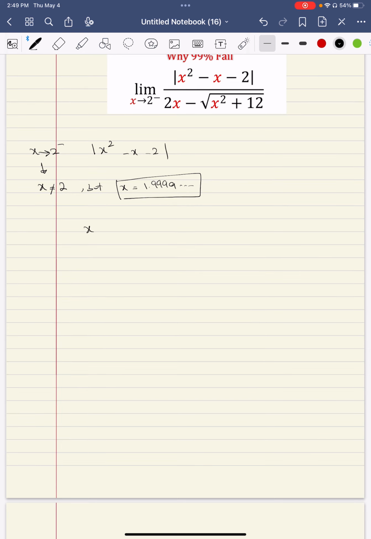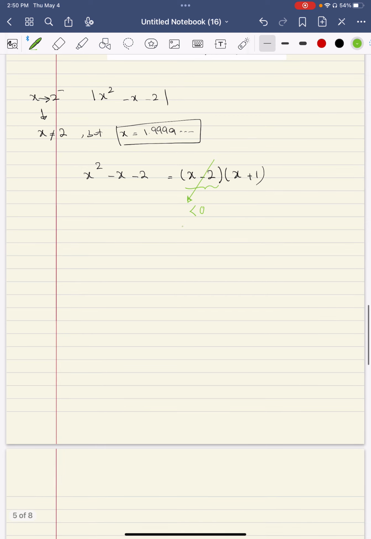So our numerator is x to the power of 2 minus x minus 2. You can write it as x minus 2 times x plus 1, right? So if you plug in this amount of x, this part of the problem would have a negative value.